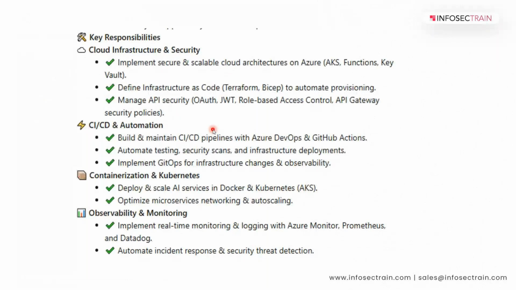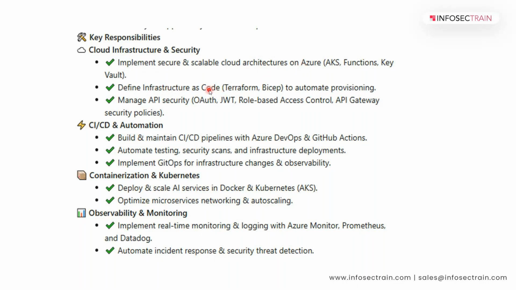Job description. I took this job description screenshot from the LinkedIn of one of the topmost product-based companies. They are talking about cloud infrastructure and security, and about architectures in terms of Azure, but it is applicable for GCP and AWS as well.